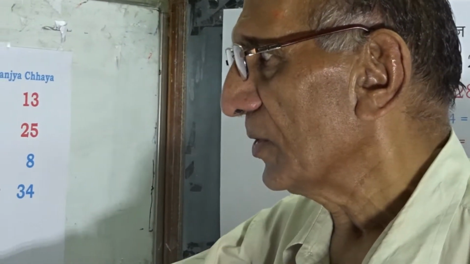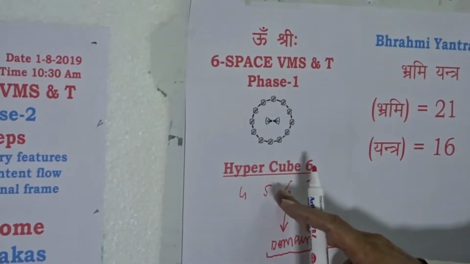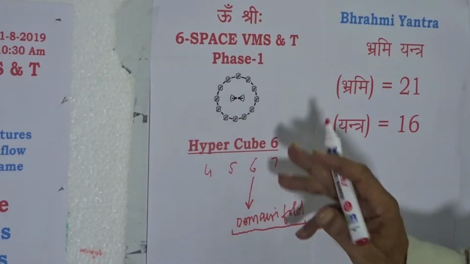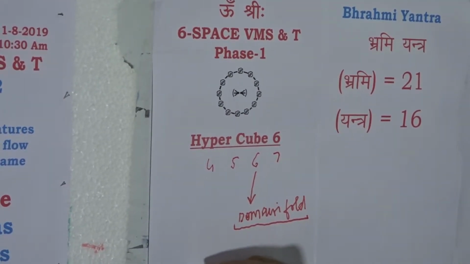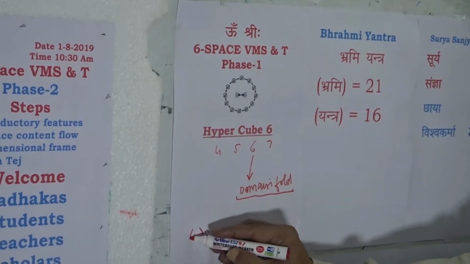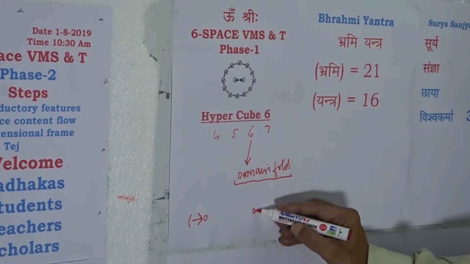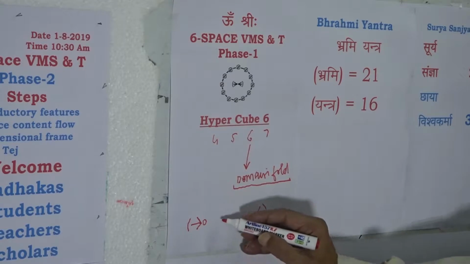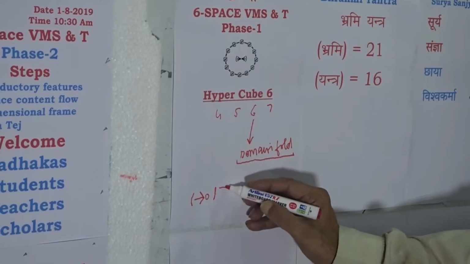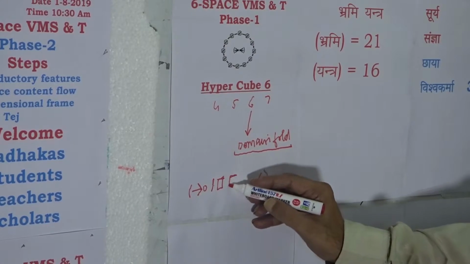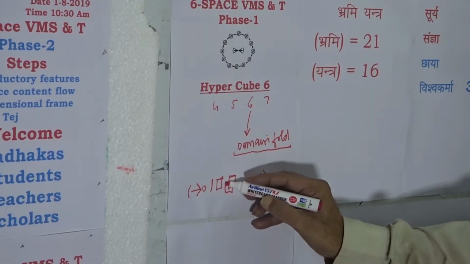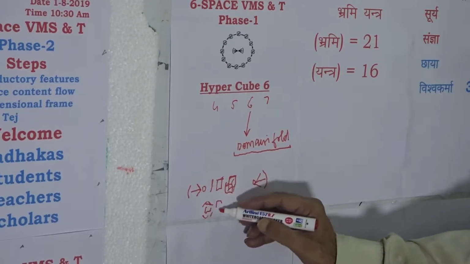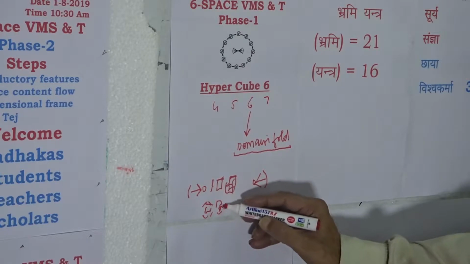Now, 6 Space content as a domain fold would mean that this 6 Space as a domain will be accepting its swapping in terms of a Sthapatya mirroring rod consisting of interval, square, cube, Hypercube 4, Hypercube 5, and Hypercube 6.